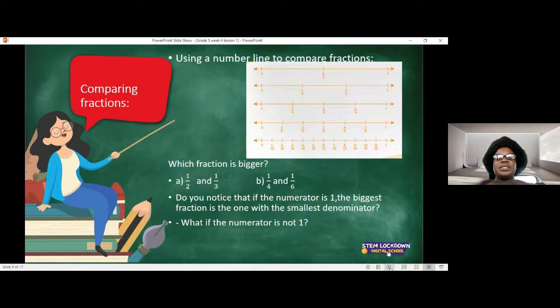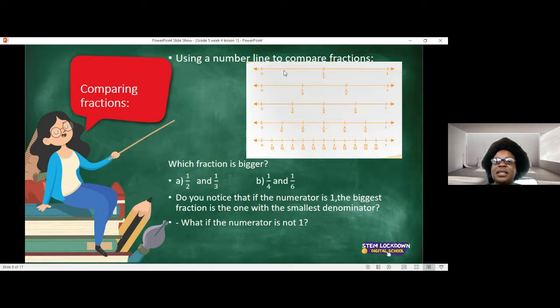Okay, so we start with the number line. Use a number line to compare fractions. What I like about this number line, or these cakes, is that they are the same size. So you can see the whole is the same. 0 to 1 is the same. But what is different with these cakes is they are cut into different pieces.